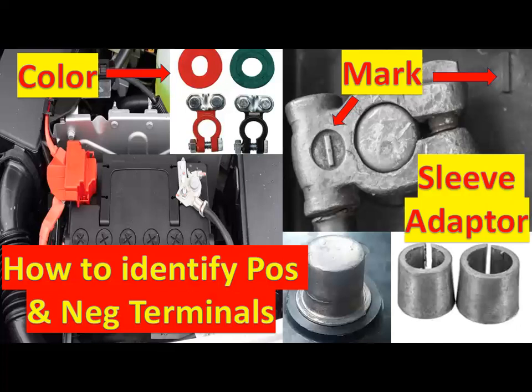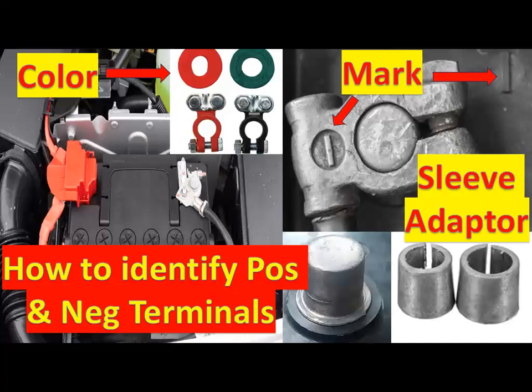And we know already that the negative cable will be connected to the chassis as chassis ground. Aside from the diameter size, where the positive is bigger than the negative post, there are also markings close to the post.